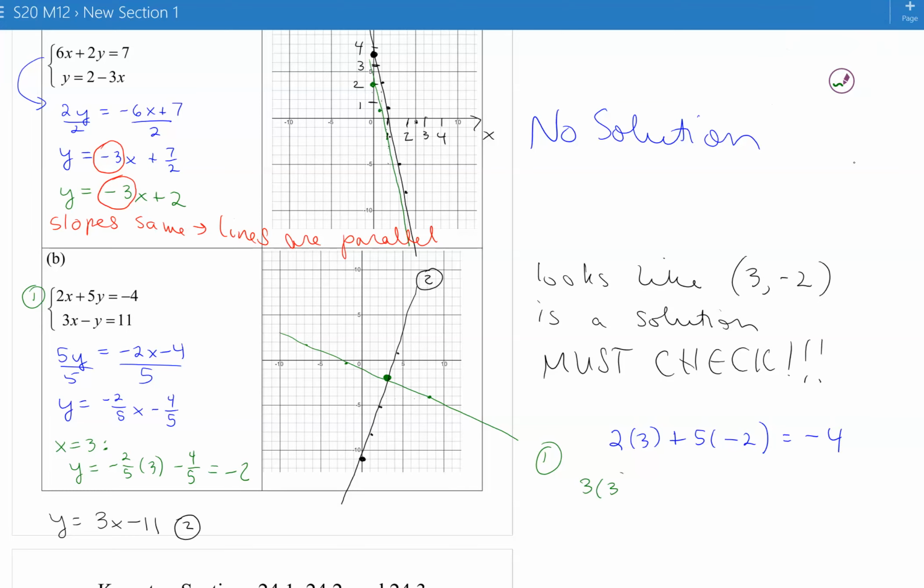And then 3 in for x in the second equation minus the -2, and that equals 11. So we have verified that (3, -2) is indeed the solution to this system of equations. It's the one and only point of intersection of these two lines.